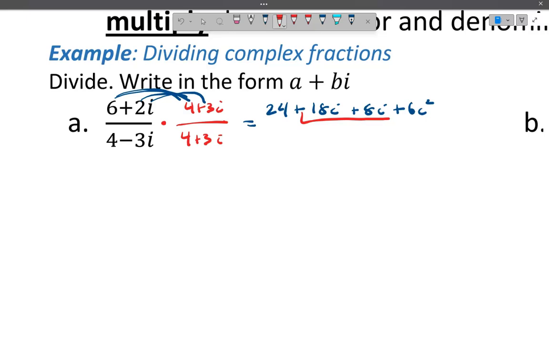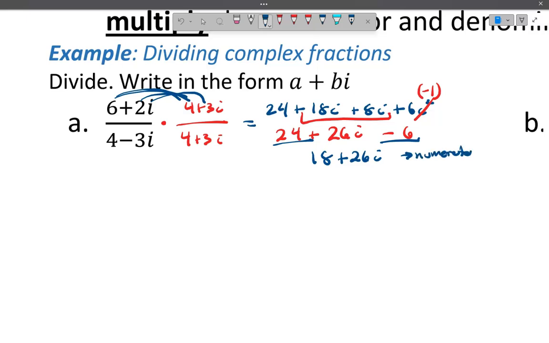Again, we can combine like terms here. This will give us the 26i, and plus 6i squared, since i squared equals -1, we end up with a -6. So I have 24 plus 26i minus 6, and we can combine our like terms, 18 plus 26i, that's our numerator.